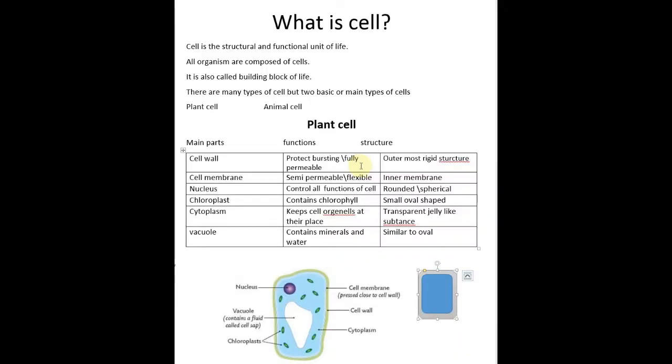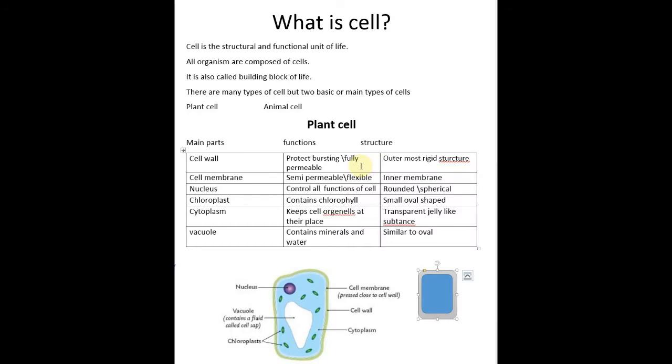Permeable means it allows every substance to pass in. When you put a cell into the water or in some other liquid, it will pass through the cell wall easily. Cell wall will not stop any substance. It will allow every substance to go into the cell. That's what we mean by the fully permeable membrane.